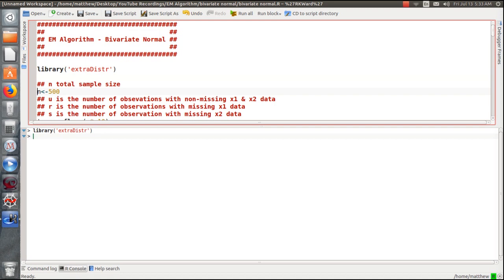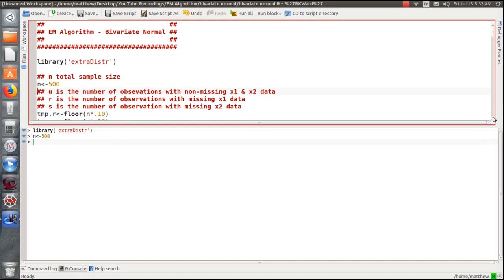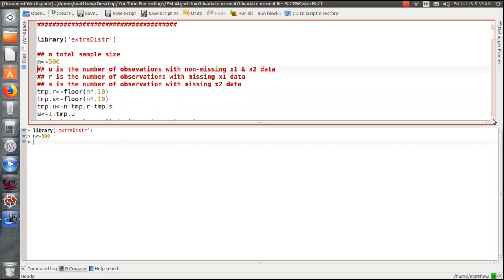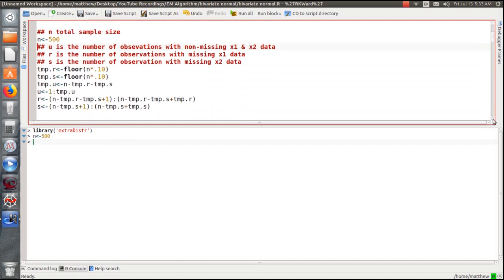Here we're going to look at 500 observations, and then next we need to consider how we're going to make some of these observations missing. And so what we're going to do, remember, U is the first section, R is the second section, S is the third section. U, they're all observed.